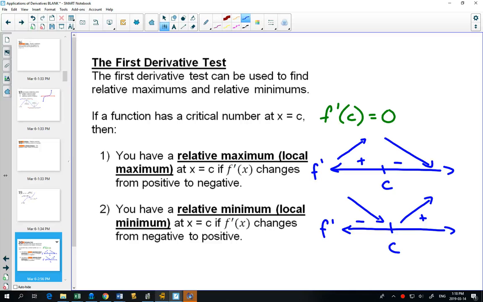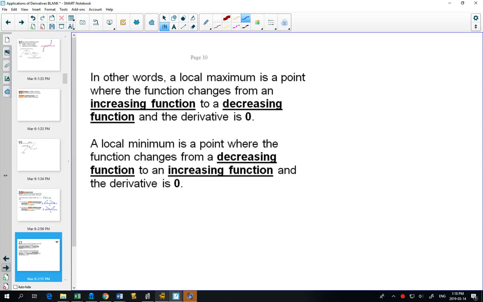If the derivative changes from positive to negative, and the derivative is equal to 0 at point c, then you know you have a maximum. So we have a local maximum when your function changes from increasing to decreasing. And you have a local minimum when it changes from decreasing to increasing.